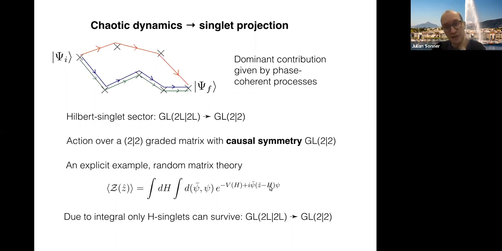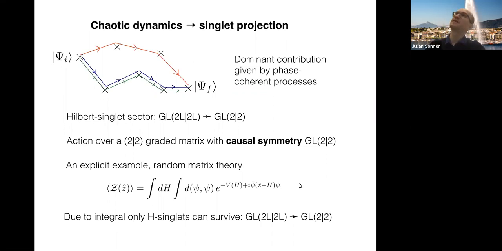So now I'm going to consider my spectral determinants here, and I'm going to integrate over H. That means that the only thing that can survive after the integral is contractions that contract the index of psi bar, the Hilbert space index, with the Hilbert space index on psi.